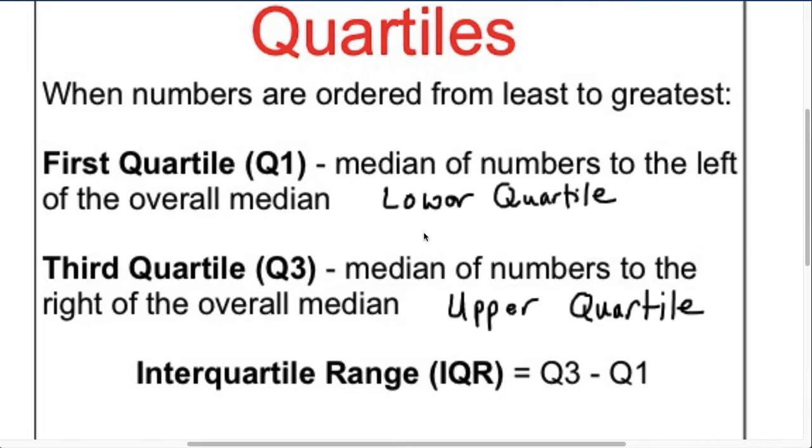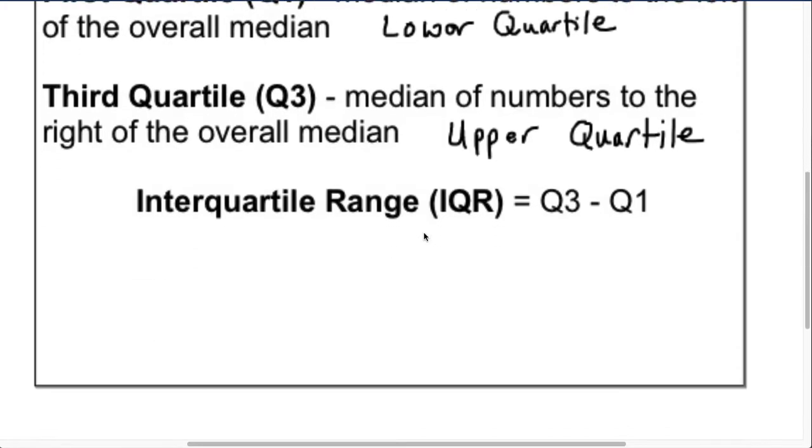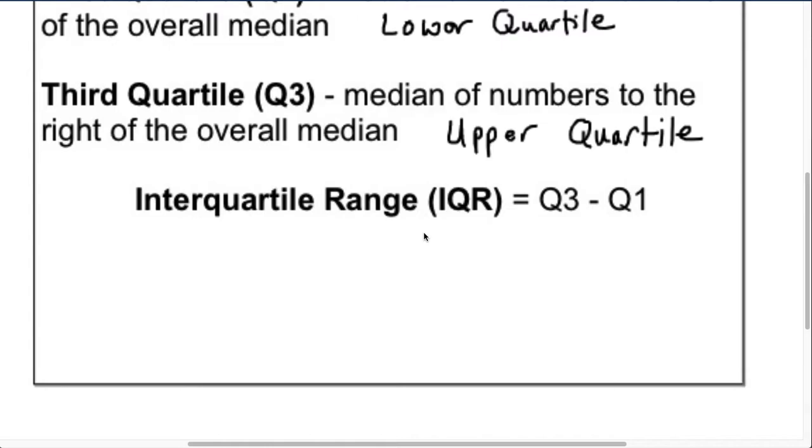So there are 3 different ways that you can name the different quartiles: first quartile, third quartile, lower quartile, upper quartile. And if you're wondering, what about Q2? That's what we call the median. Okay, and then we also look at the interquartile range, the IQR, where, just like the range, we do the upper quartile minus the lower quartile to get the interquartile range.